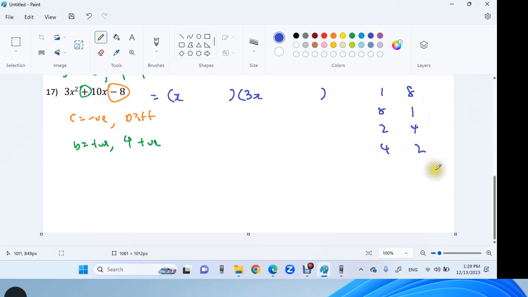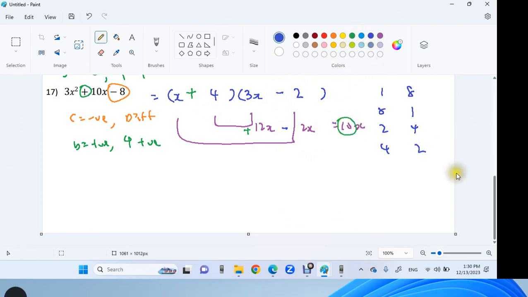So which one should we put here? So this one we have to choose 4 and 2. Why? Because this one is 12x and this is 2x. So B is positive, so we put plus here, positive here. Then this is negative, negative. Then it will become 10x.